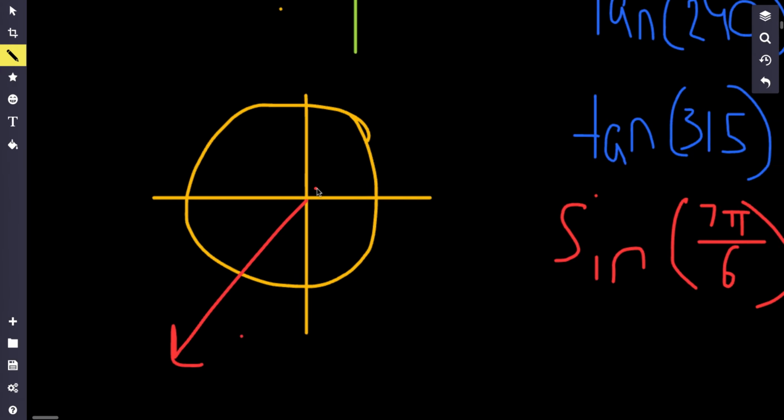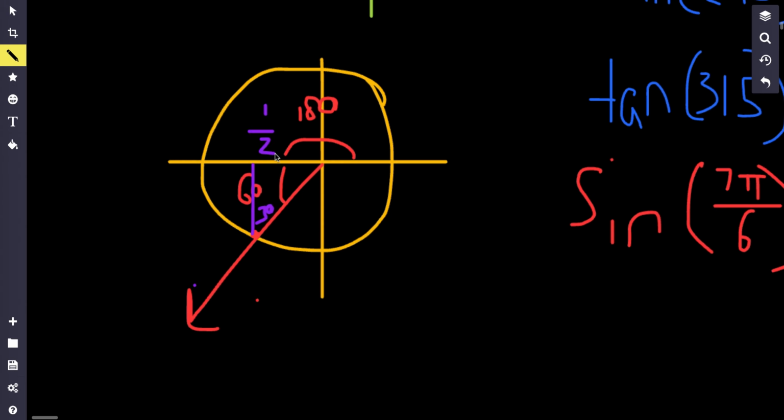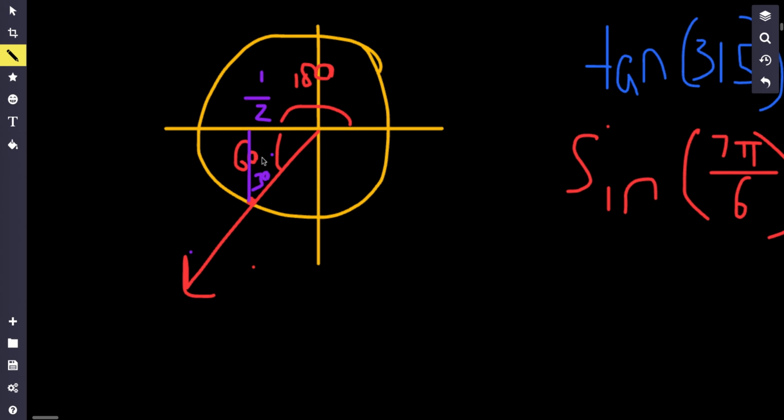Draw your point here, draw an altitude downwards. This is going to be 1/2, and this right over here is going to be root 3 over 2. Now, the x value, the cosine value, so in this case, cosine of 240 degrees is going to be equal to negative 1/2.